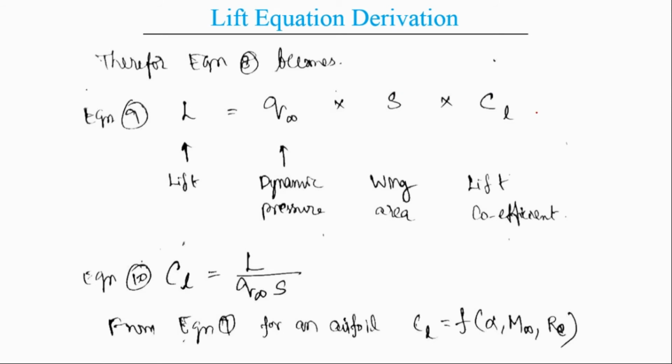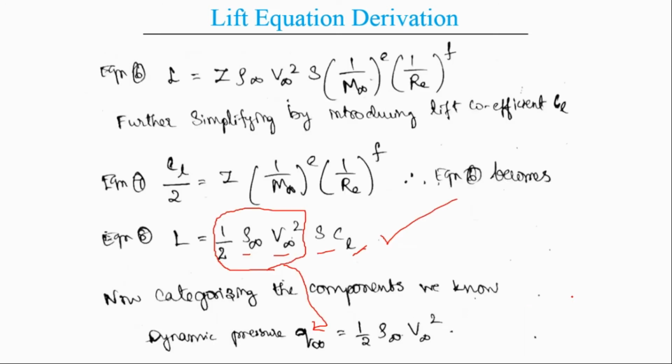So instead, we are introducing a dimensionless constant, and it also has some benefits associated with it. Whenever we use a dimensionless constant, it also restricts the dependency on fewer parameters compared to the force of it. Here we see that CL is a function of alpha, M infinity, and Reynolds number. How did we obtain it? This is from the relation which we discussed in equation 7.